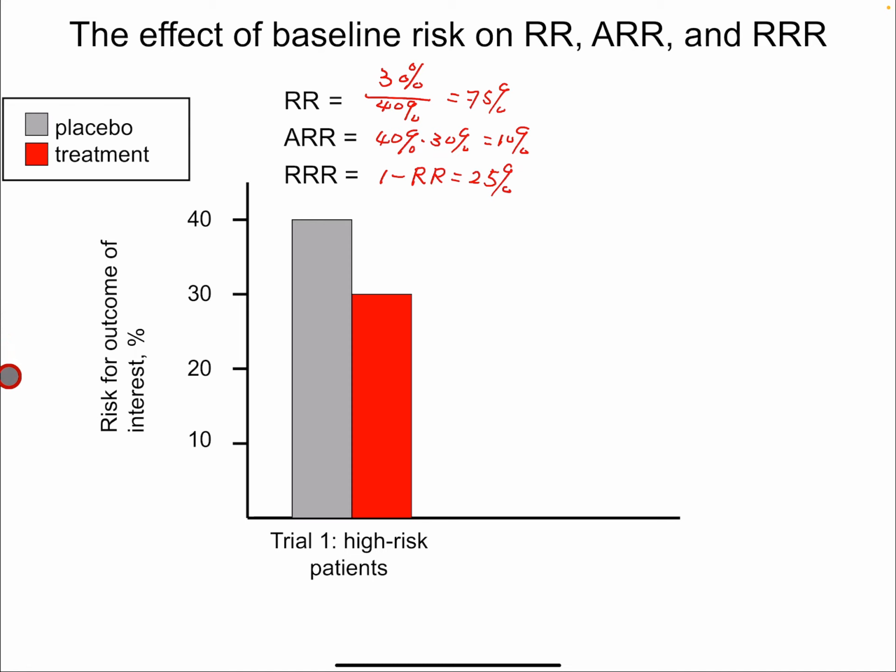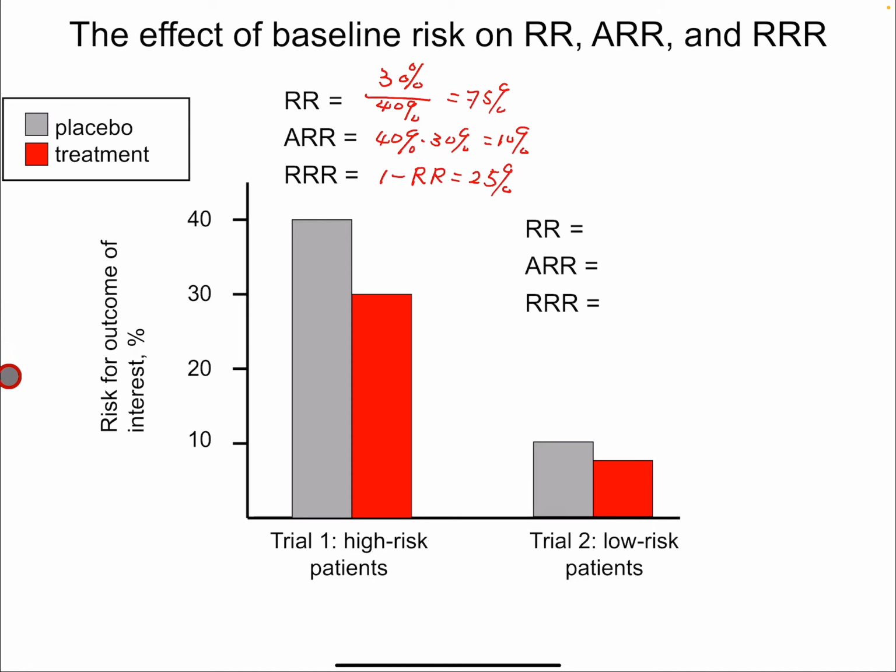In a low-risk group, the risks change. In this case, in the control group, the risk is 10%. The treatment group is 7.5%.